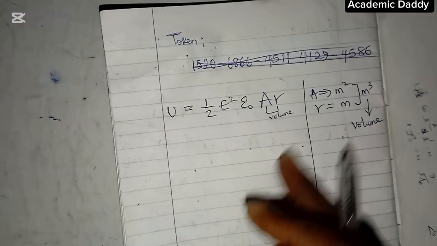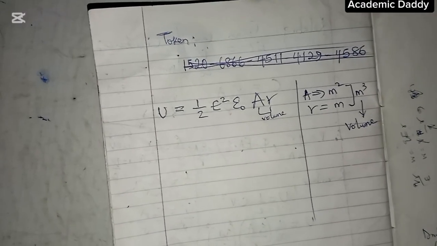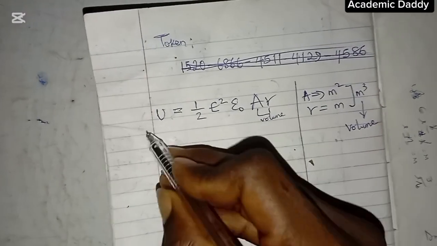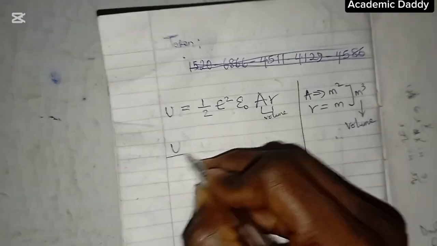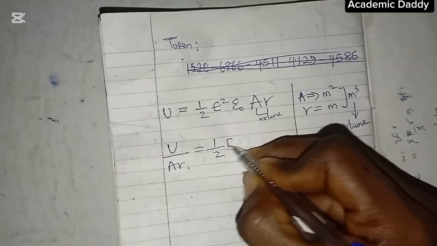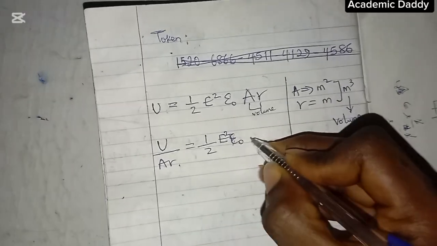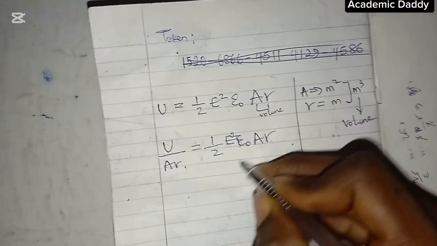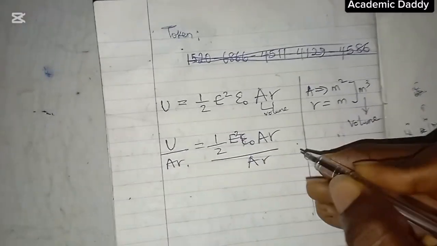Because what we are trying to derive here is energy density, I can say divide both sides by AR, or divide by volume. So U over AR is equal to half E squared ε₀AR, divided by AR.